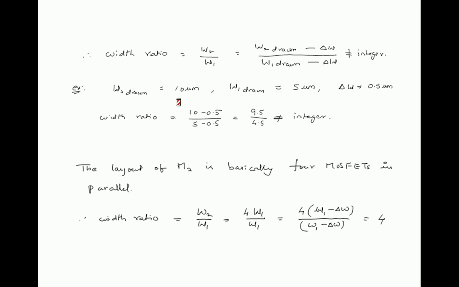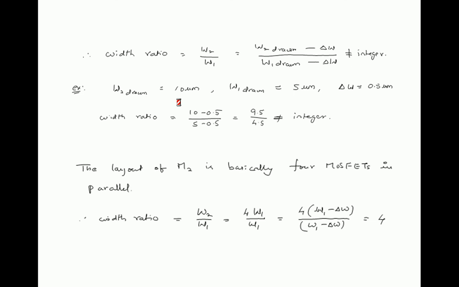The width ratio W2 by W1 is defined as W2 drawn minus delta W by W1 drawn minus delta W. If width correction is not taken, the ratio is not an integer. If width correction is taken, the ratio is exactly an integer.